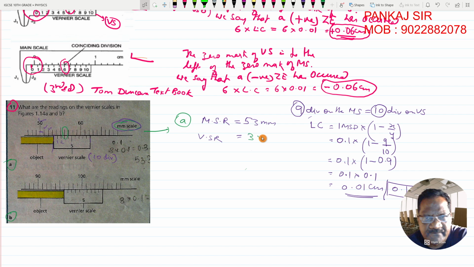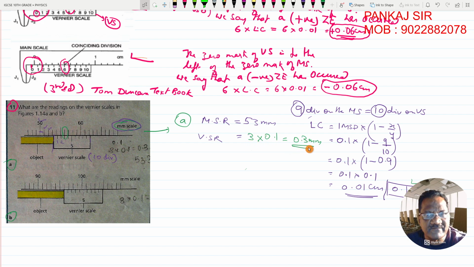So that division I'll multiply by the least count, and the least count I'll be taking in millimeter. So 0.1 millimeter. So this happens to be 3 into 0.1, which is 0.3 millimeter. So this is your vernier scale reading. You will always get the vernier scale reading by taking first the vernier scale division, in this case the third division, and multiplying it with the least count.